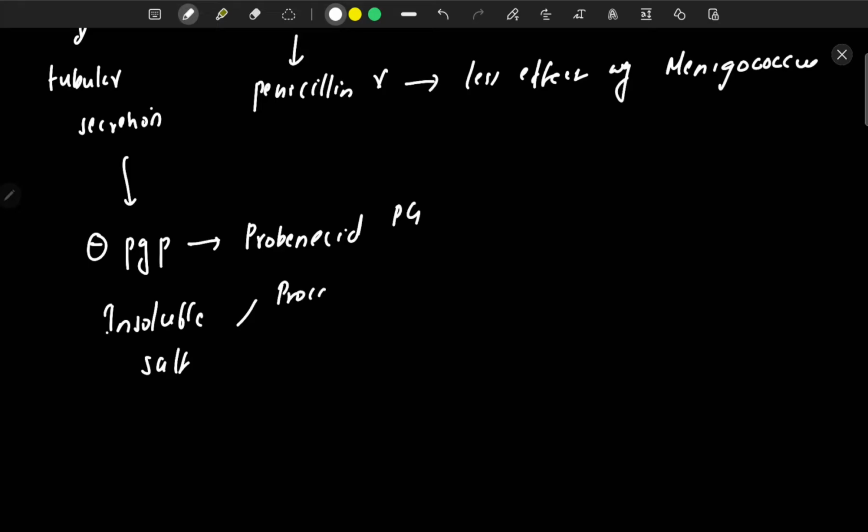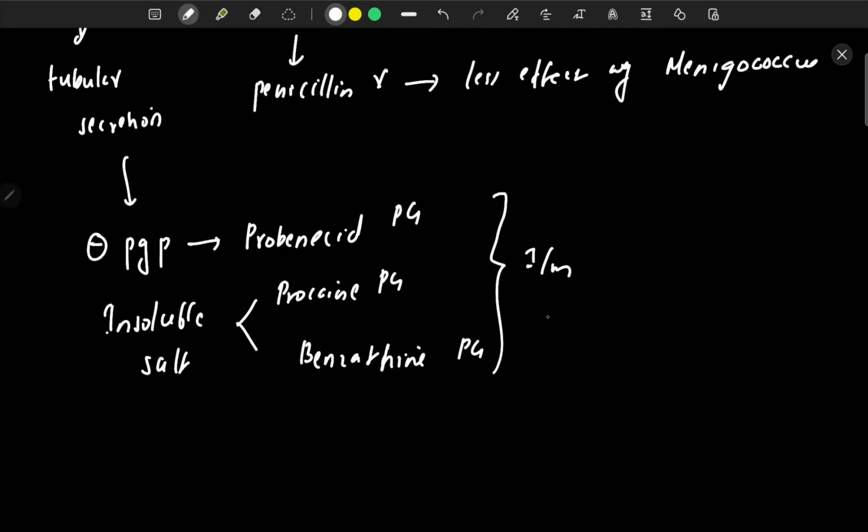One is procaine penicillin G and the other is benzathine penicillin G. All these drugs act intramuscularly and are contraindicated IV.